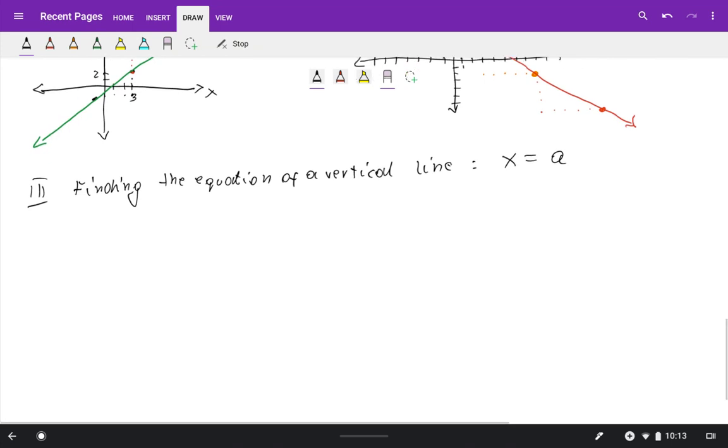So let's do the example. Let's just review. Graph the equation x equals 3.